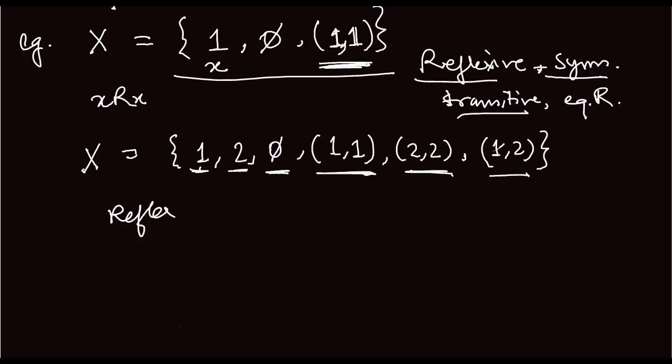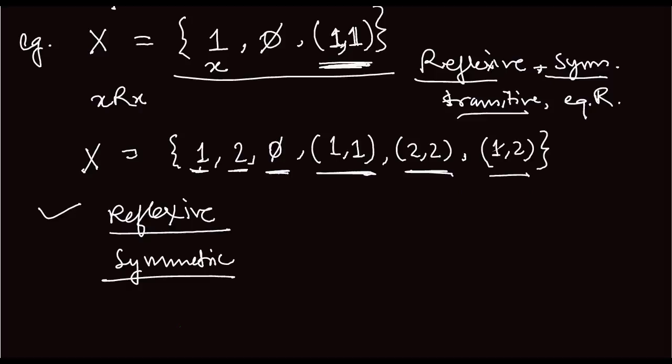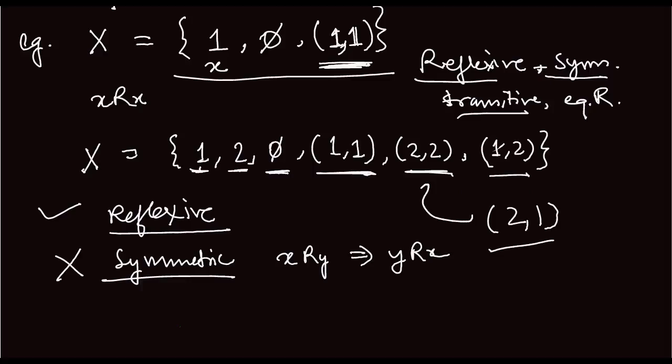So it is reflexive because it satisfies every condition of reflexivity. Now symmetricity: if we have (1, 2), that means xRy implies yRx should be present, but we don't have any (2, 1) element in here. That's why this is not symmetric. But if we add this element in this set, we will have a symmetric relation.